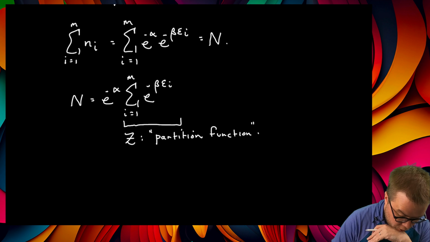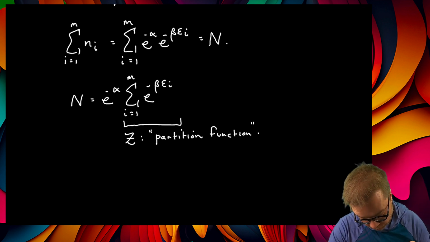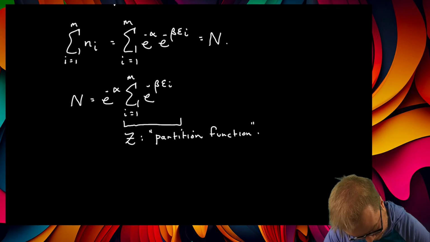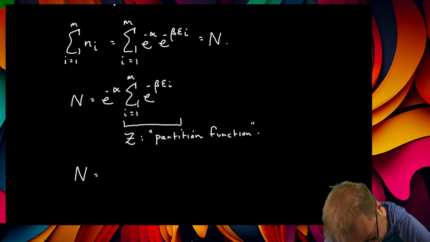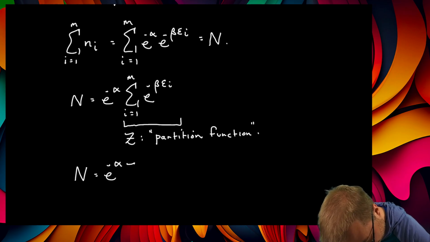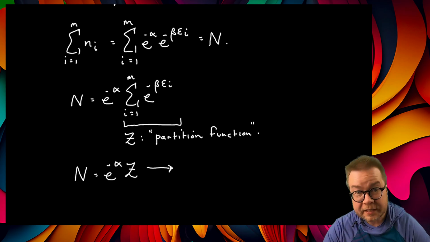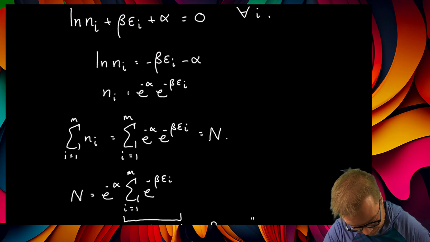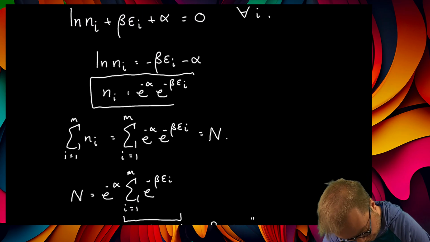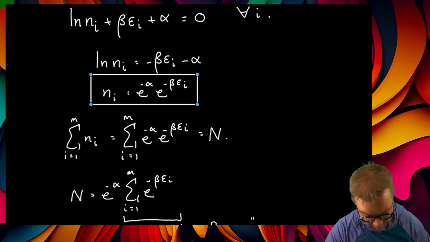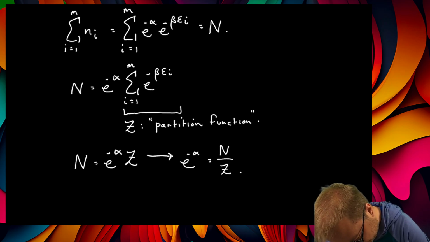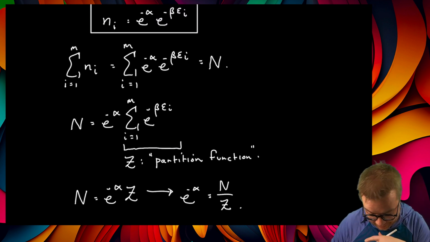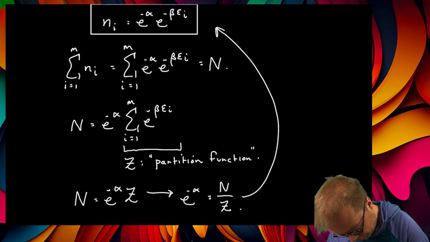Now what does this mean? N is equal to e to the minus alpha times the partition function, which tells us that the factor out front, e to the minus alpha, is going to be N divided by the partition function. Now we can substitute that back in up there.